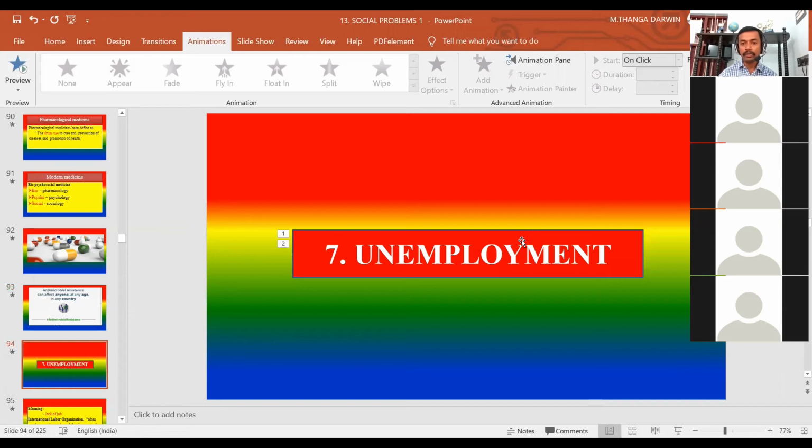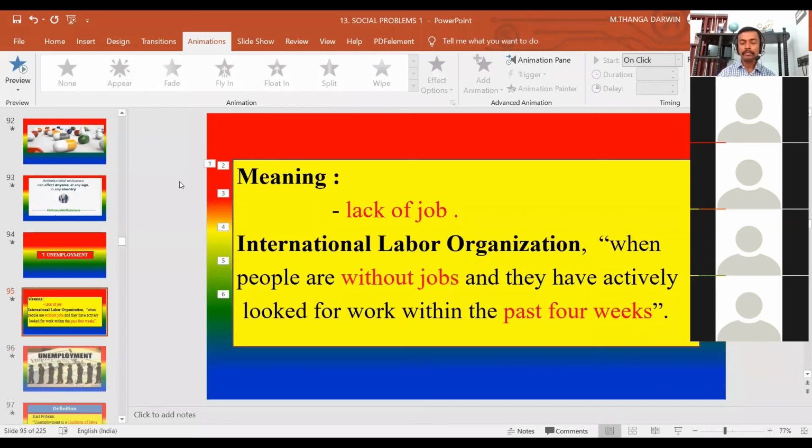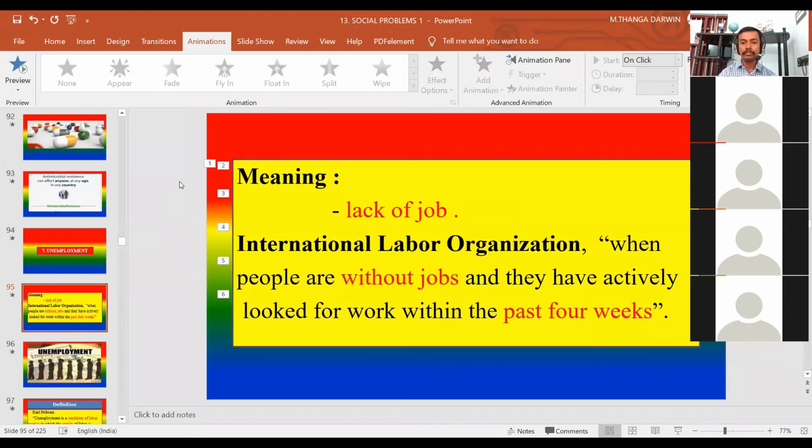Then the next social problem. So we can go into detail about unemployment. Unemployment is the next major issue in India. First, unemployment means lack of a job. The International Labour Organization defines it as being without a job in the past 4 weeks.